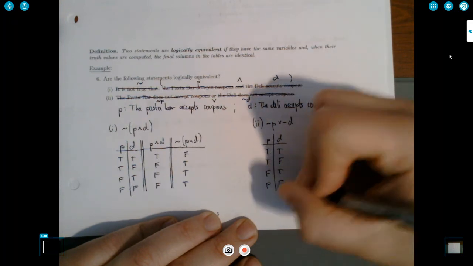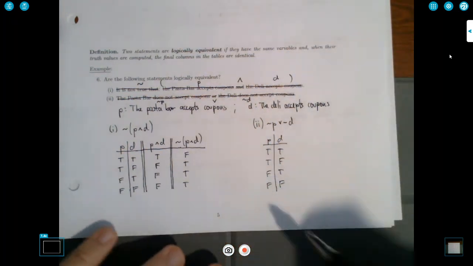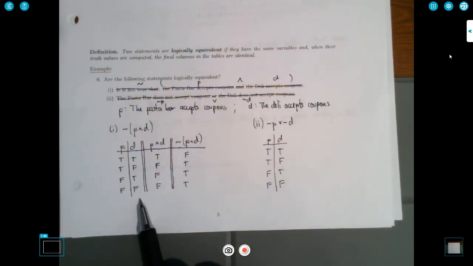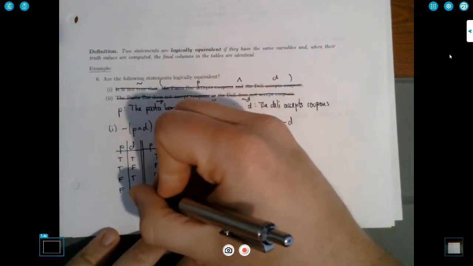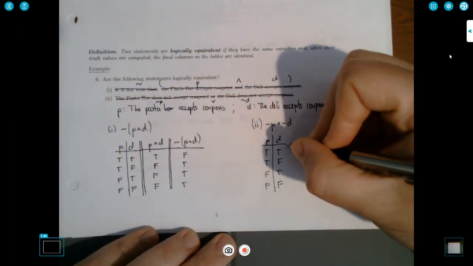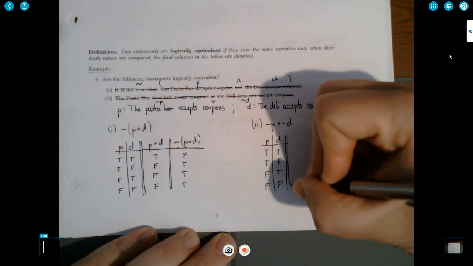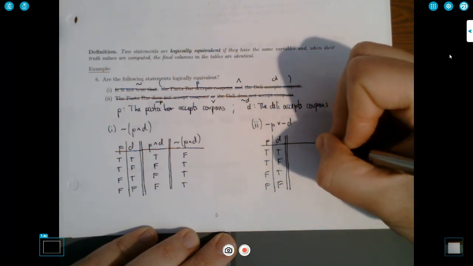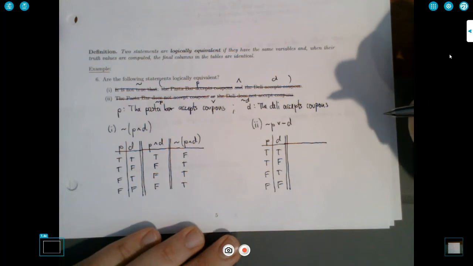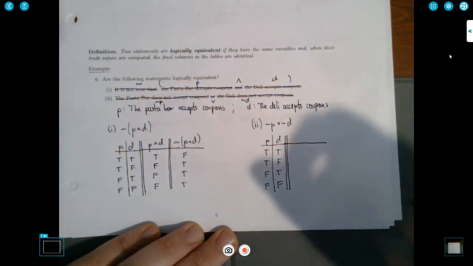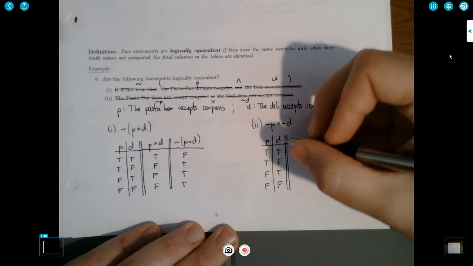When you're trying to determine logical equivalency, it is important that you get these combinations in the same order that you got those combinations, because we need to see if the last columns are the same, and you have to be comparing apples to apples, so you need to have it in the same order as you did the previous one. Anyway, in order to do not P or not D, first we need to know what not P is, and then we need to know what not D is.